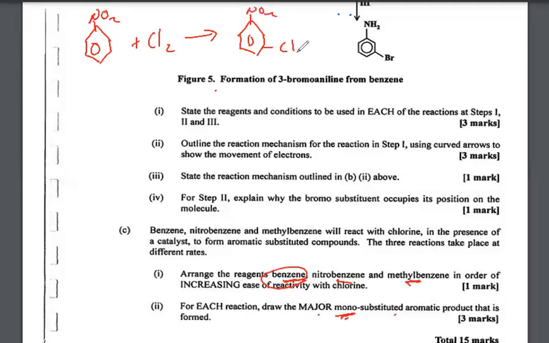So the chlorine would come there. So that's one reaction. It should be Cl, not Cl2. And then the next reaction now, if I use methyl benzene, where will I put the chlorine? Ortho. You can put it at the second one or the fourth one.